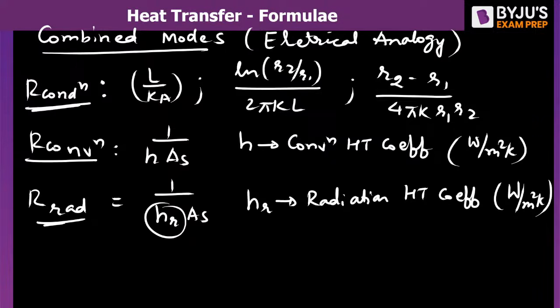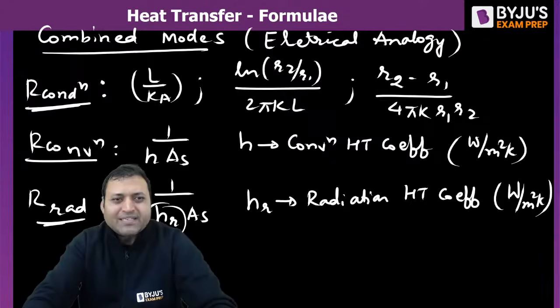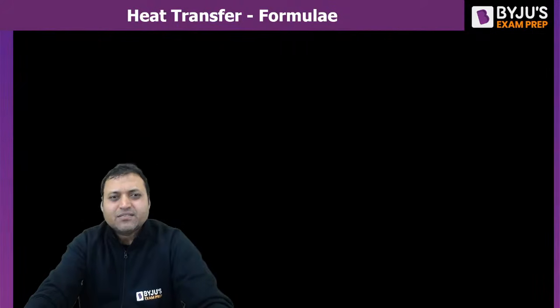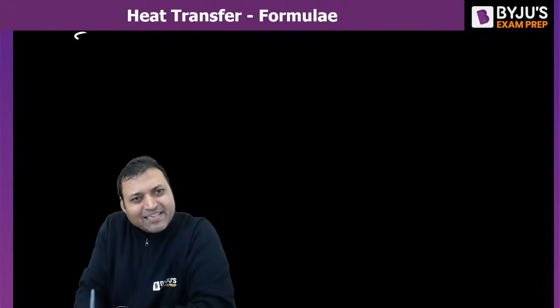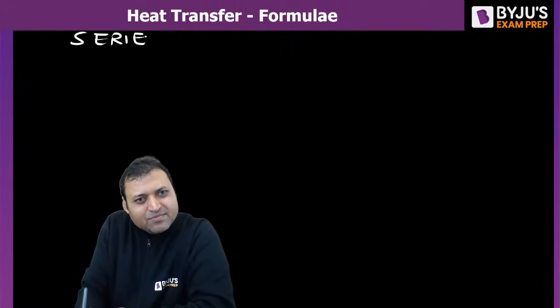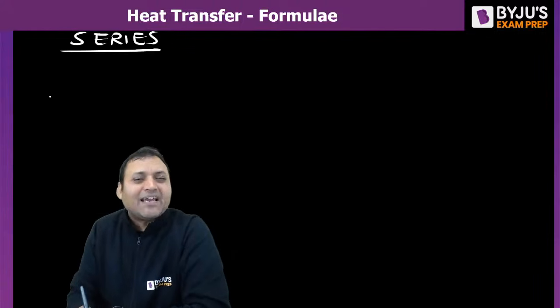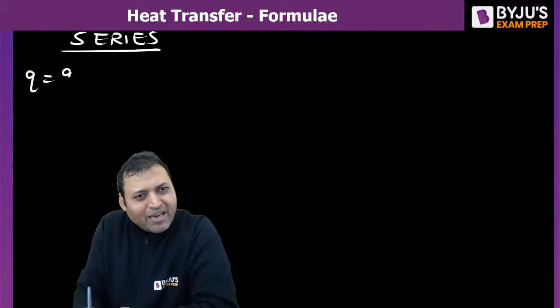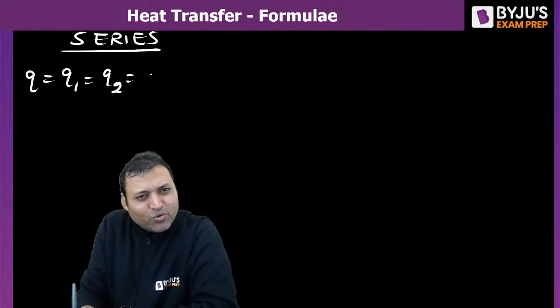Now, based on these, the resistances can be in series, or the resistances can be in parallel. For series combination, if the thermal resistances are taken in series, then Q will remain constant. Q1 is equal to Q2 is equal to constant.